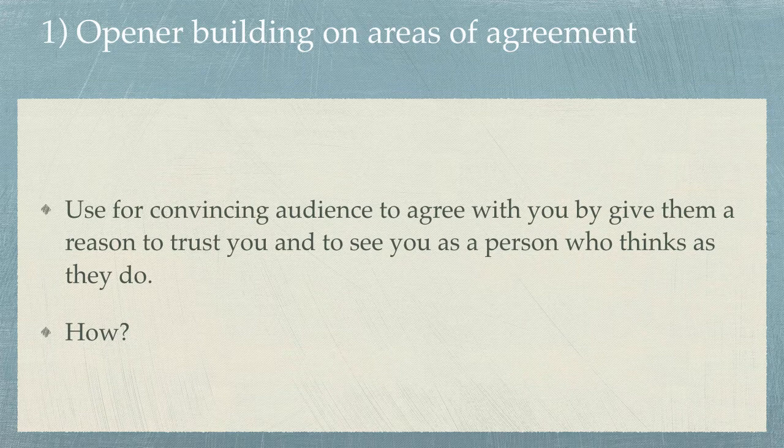You know what they think or you know what they want. This stage is used for convincing the audience to agree with you, and you need to give them reasons to trust you and to see you as a person who thinks as they do.